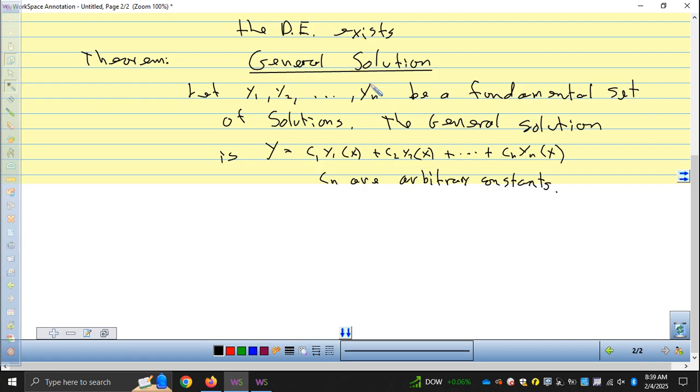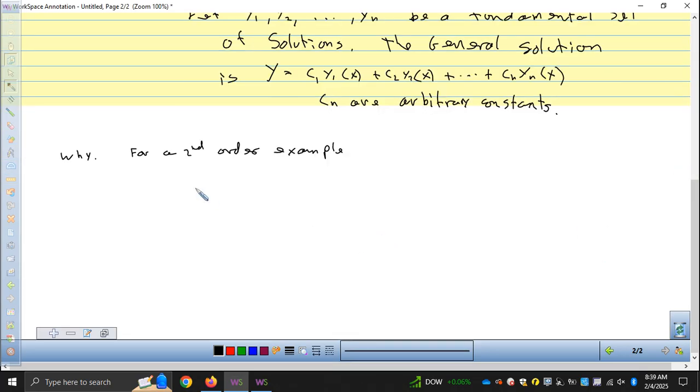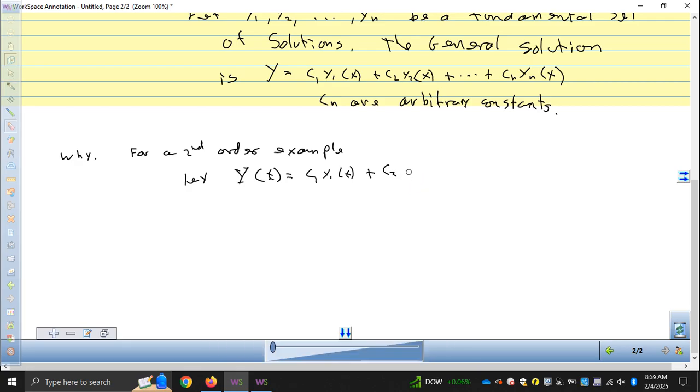And let's really quickly look at why this is the case. I want to look at a second order example. So we're going to let capital Y, and I'm denoting capital Y with these bars, Y of t equal C1 Y1 of t plus C2 Y2 of t.